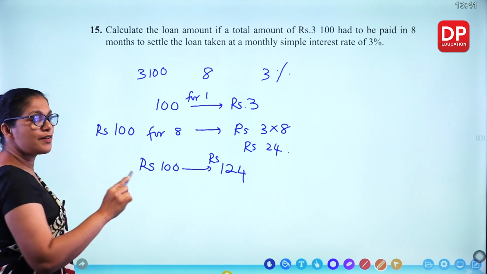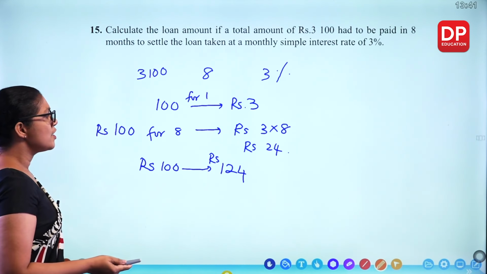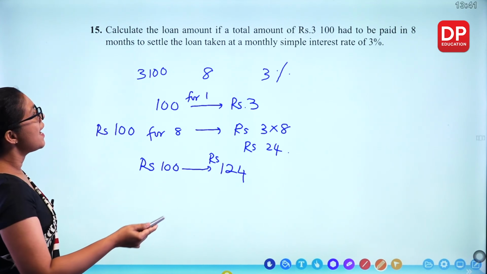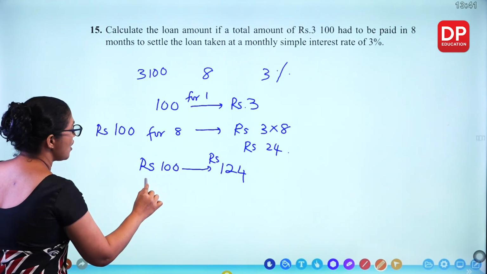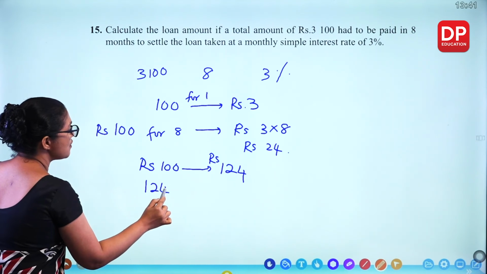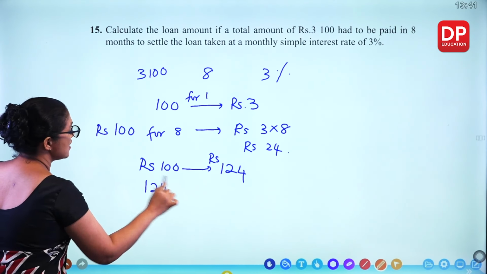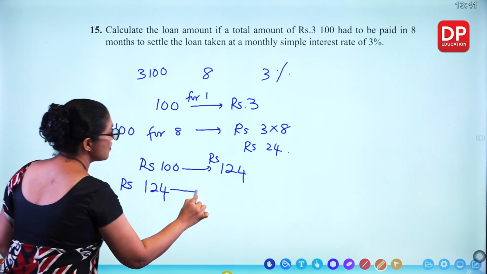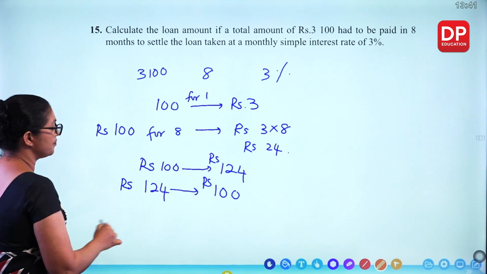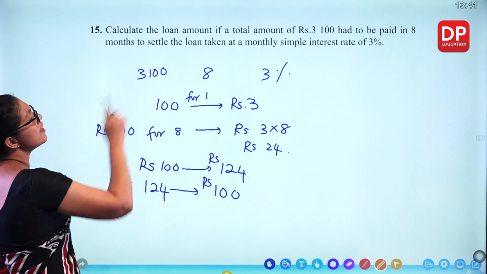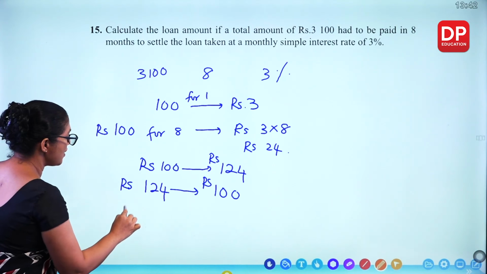If you take 100 rupees, you are paying 124 rupees. And then the other way around, now you are paying 124 rupees to get 100 value. But the value with the interest is 3,100.